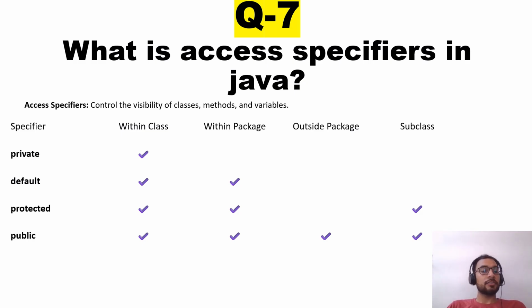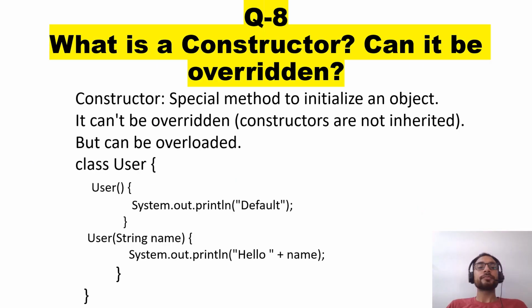Default: yes within the class, yes within a package, but outside the package no, subclass no. Protected: within a class yes, within a package yes, outside the package no, but outside the package in a subclass yes. Public: from anywhere, within a class, within a package, outside the package, subclass, we can access public from anywhere.